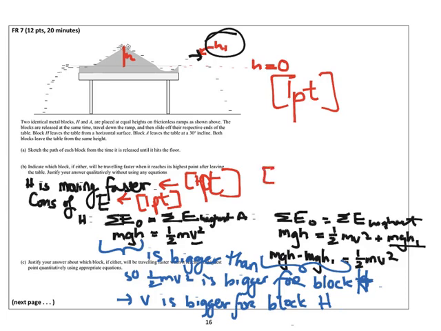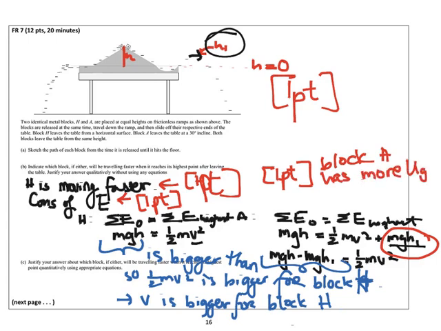You get 1 point for indicating that block A has more UG at its highest point.